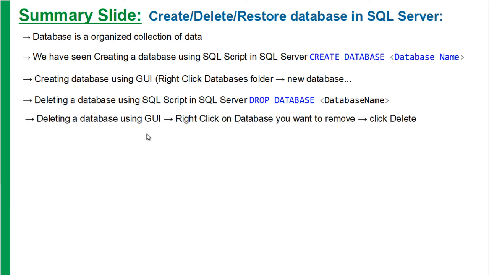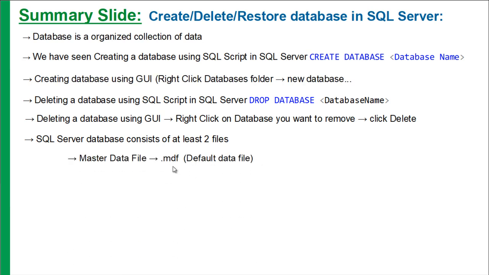If you want to delete the database using the GUI, just right click on the database you want to remove and click on delete. If the database is being used by other persons, then check the check box that closes the existing connections and click on delete. That will close the existing connections and delete the database. SQL Server database consists of at least two files, that is data file, that is .mdf file, which is a default data file.